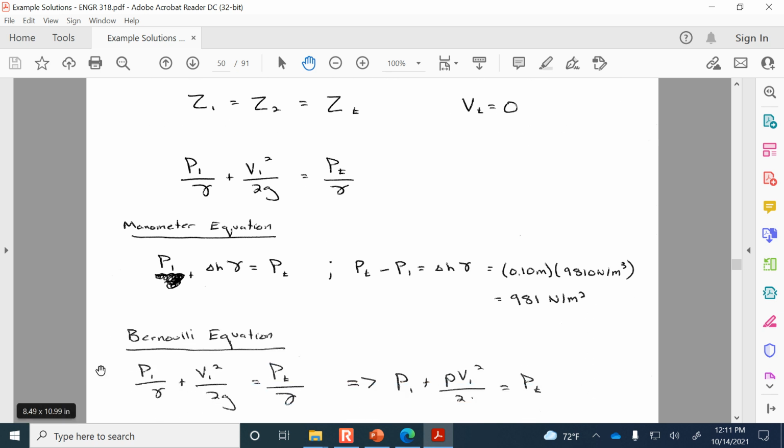And then Bernoulli's equation, where we canceled out the terms that didn't apply, like the elevation, and there's no velocity in the tube. So this time we're going to use the form of Bernoulli's equation where we multiplied each term by the unit weight, and then we can further rearrange it to have P sub T minus P1.